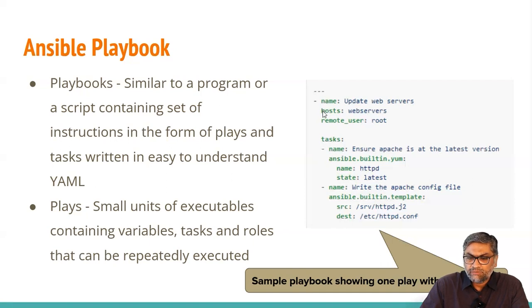For example, name, hosts, remote user, these are all siblings because they are at the same indentation level, including tasks. But inside the tasks, you have name and the other modules. So these other elements become children of tasks. Now this task and this task are at the same level again, so they are siblings under the parent node called tasks.